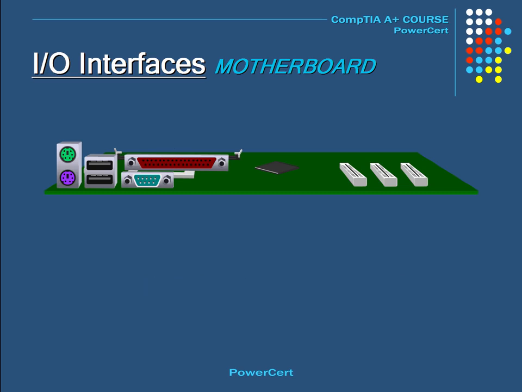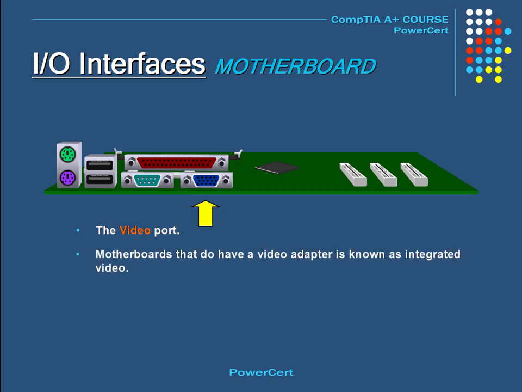A video adapter is another interface that could appear on the motherboard. Now I say it could appear because some motherboards have a video adapter and some don't. But the motherboards that do have a video adapter, this is known as integrated video, because the video adapter and the motherboard are essentially one unit.